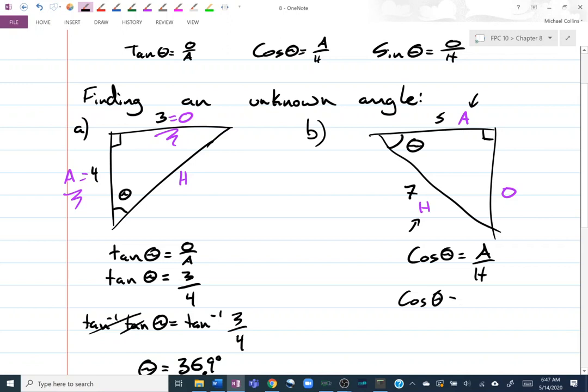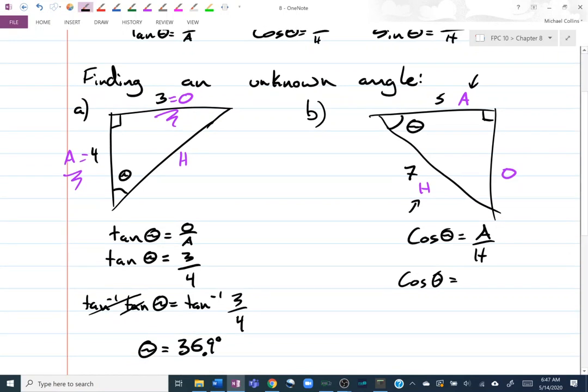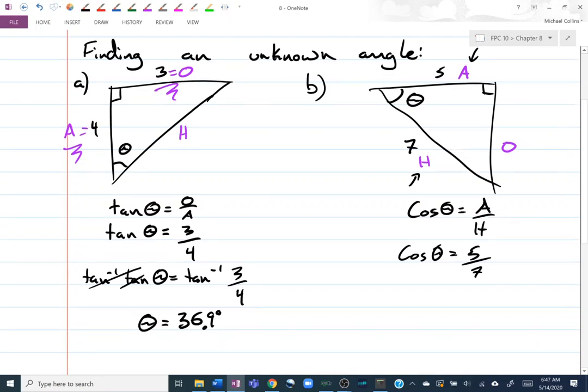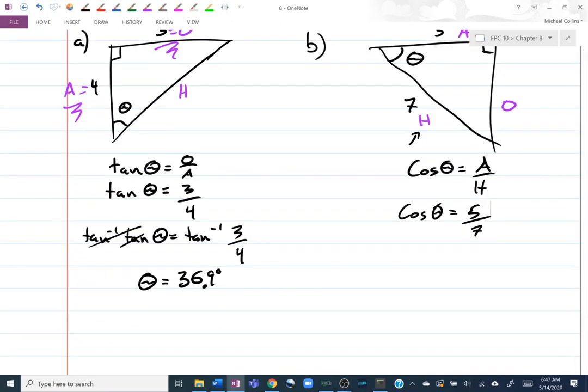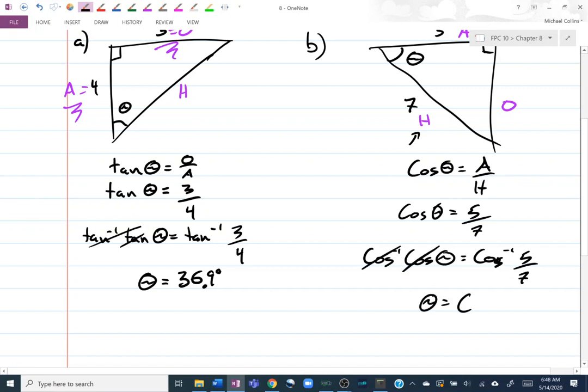Substitute my values in after I've written down the equation. Cos theta is 5 over 7. In order to get rid of cos, I do the exact same thing as I did to get rid of tan. The inverse cos gets rid of the cos, and I have to do the same thing to both sides. I'm left with theta is equal to the inverse cos of 5/7.